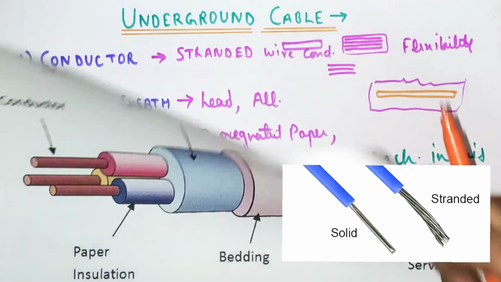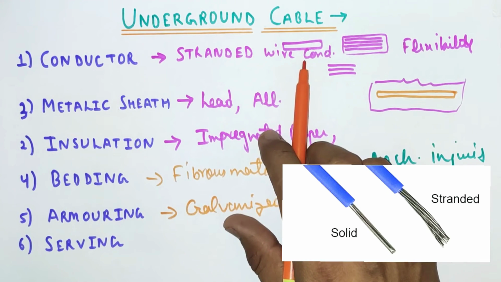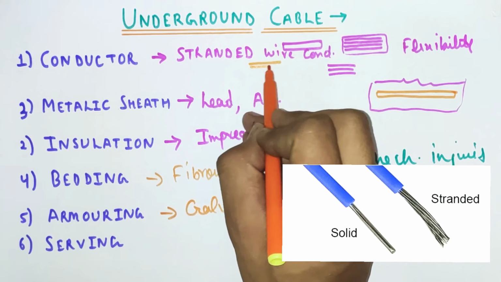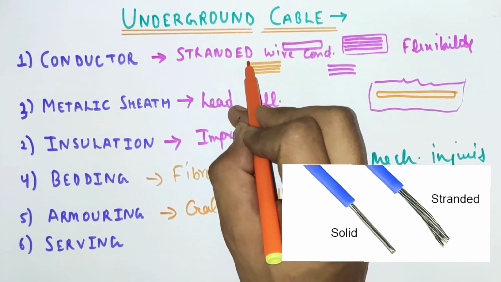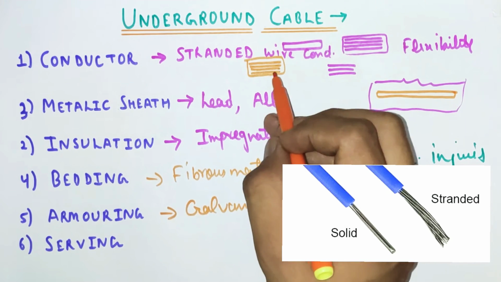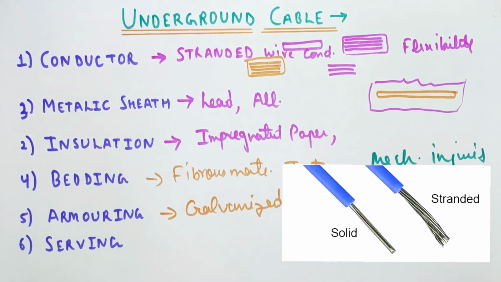But in underground cables, the conductor is a stranded wire conductor. Stranded means several small thin wires are there which form a single conductor, not a solid conductor as shown in this image.